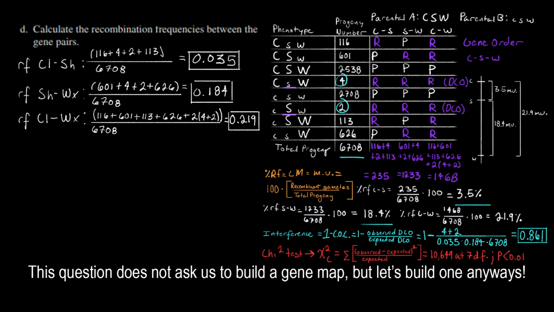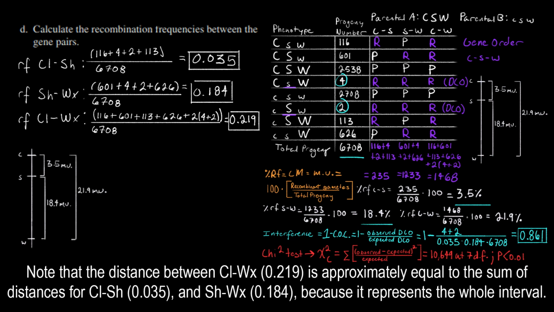This question does not ask us to build a gene map, but let's build one anyways. Once again, note that the distance between C and W is approximately equal to the sum of distances for C and S and W, because it represents the whole interval.